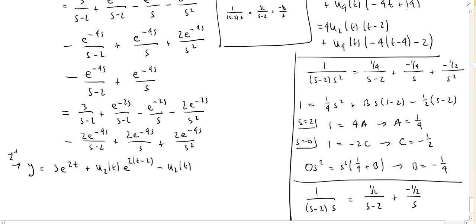You can't shift that, so this is just times 1. Next one, again you have the exponential, so that's a unit step function at 2. So we have minus 2 u2 of t, and the remaining function is 1 over s squared, which we know is the Laplace of t. So we need to take t and shift it by 2, so we'll have t minus 2.